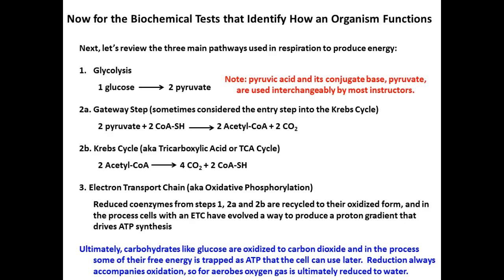We're also going to take any free energy and store it in the form of ATP that can be used later. As I said, reduction and oxidation happen together. If someone loses electrons, someone else gains them. Ultimately, in the case of the gaining of electrons for aerobic organisms, it's oxygen. And when it forms, it takes some protons, so then we have water that forms.